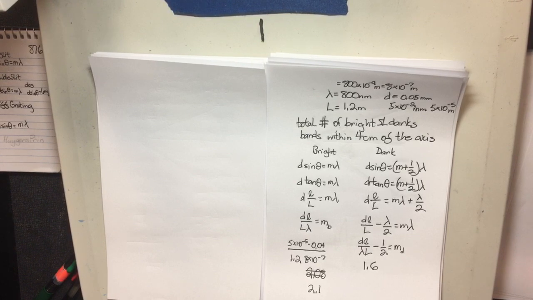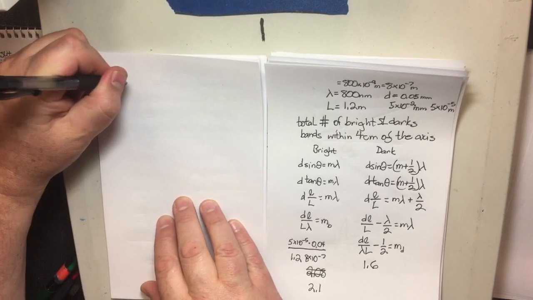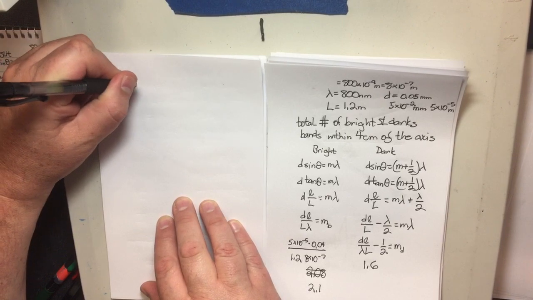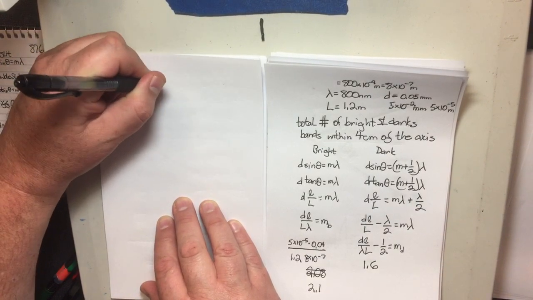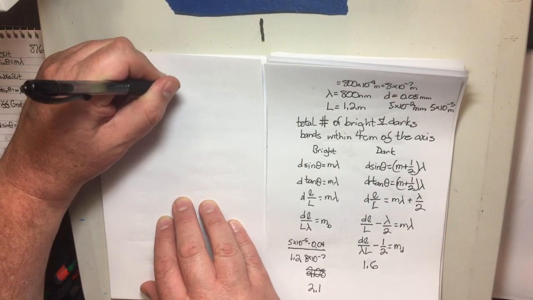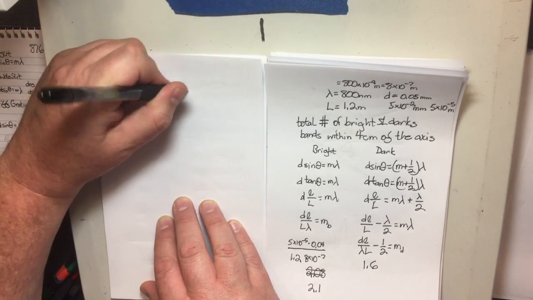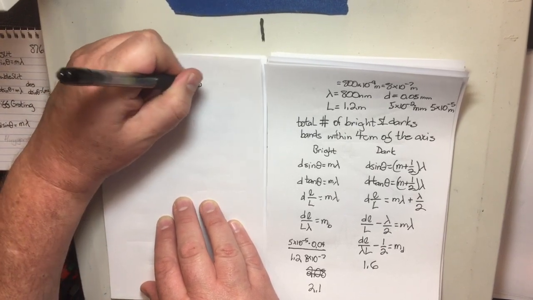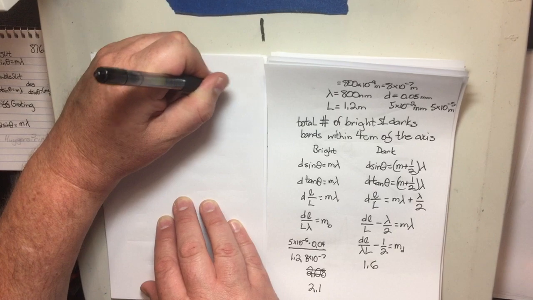Now I've got extra numbers. I don't have whole numbers of m. I have to convert these to m. For m, always round down.